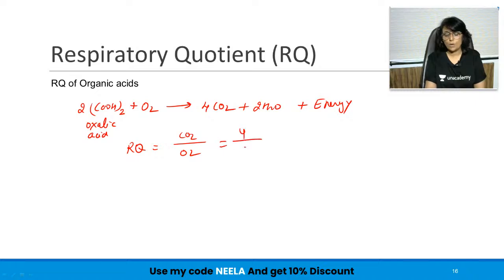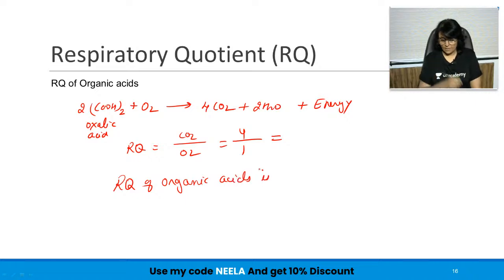So here it is 4 upon 1 molecule. So 4 molecules of carbon dioxide and 1 molecule of oxygen. So how much is going to be the RQ? More than 1, less than 1 or 1? It is going to be more than 1.